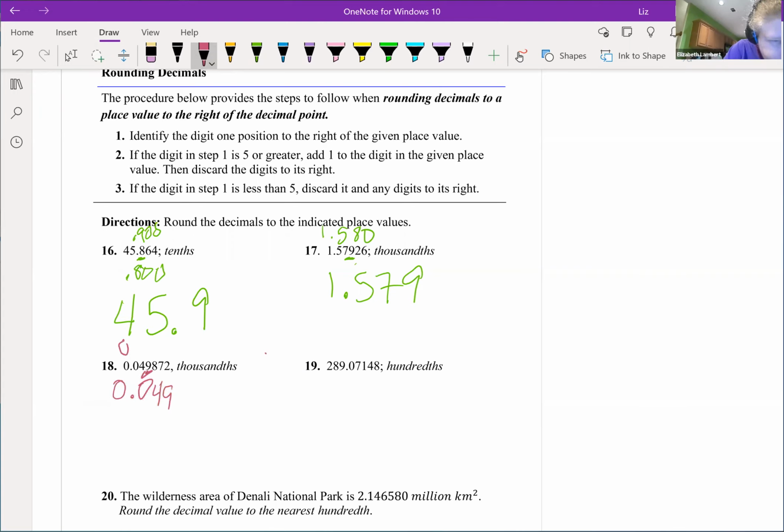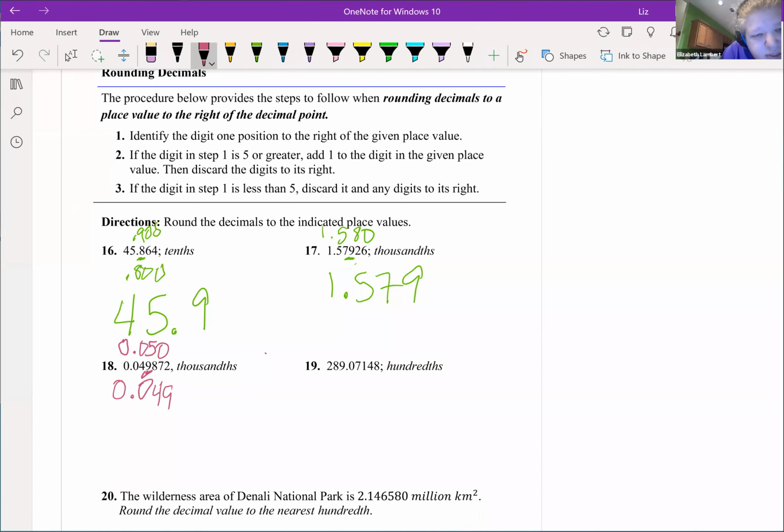So let me, so we have different colors. So the 0.049, then I have 872. So 0.049000, 0.050000.